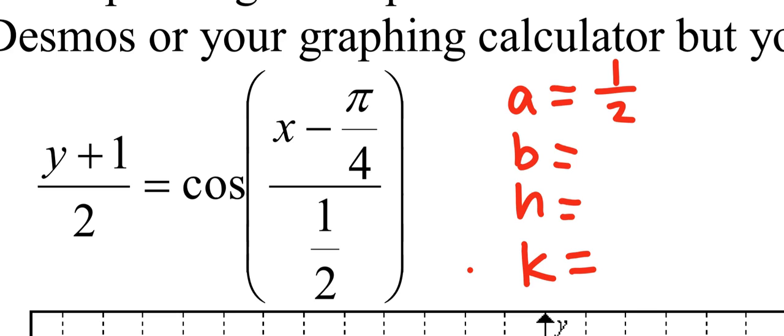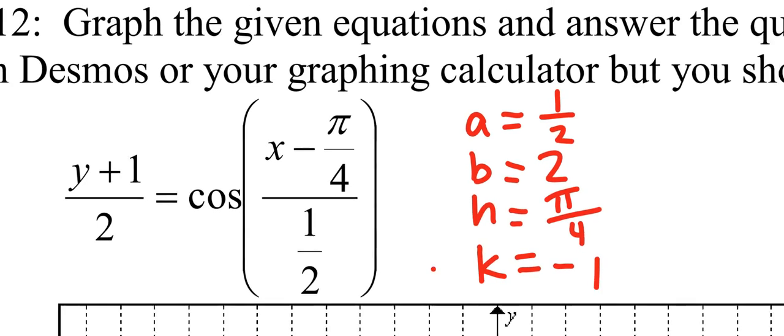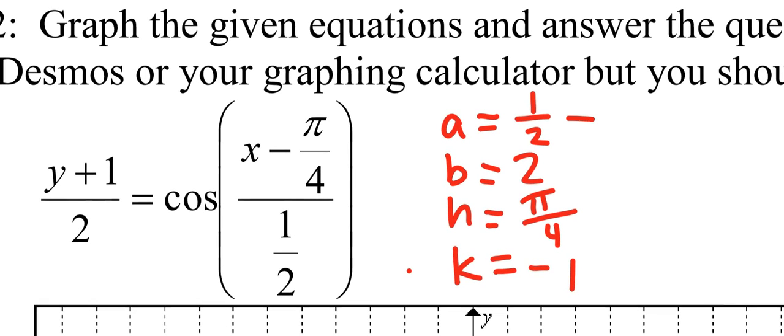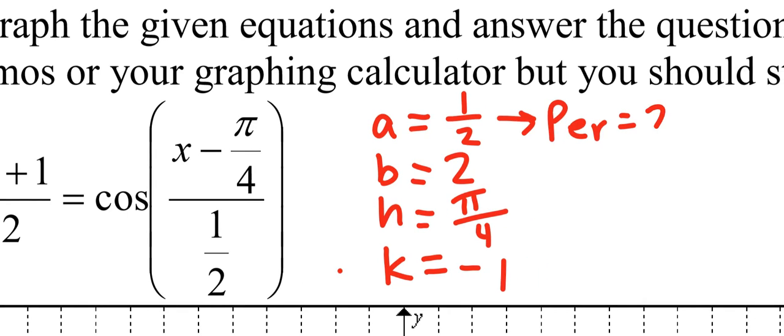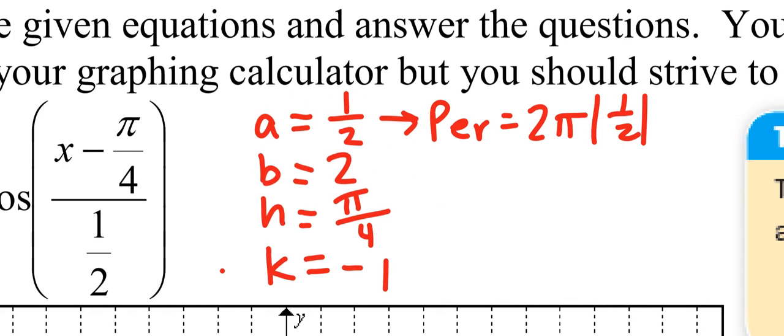B. What do you got for B? 2. Okay. H. Positive pi over 4. K. -1. We know that the period is 2 pi times the absolute value of A. What do we got?